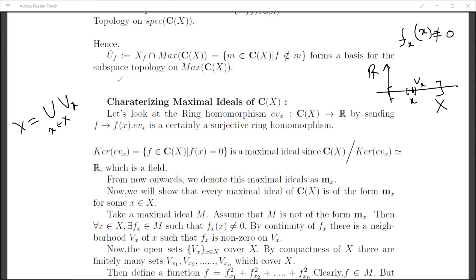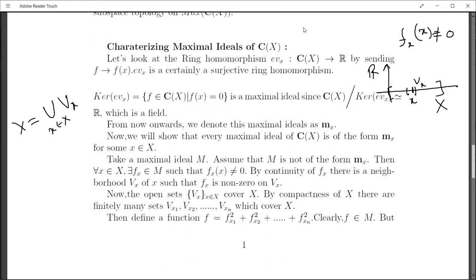So that will give me an open cover for this space X. So now use the fact that my space X is compact. So that will give me a finite collection of open sets V_x1, V_x2, up to V_xn, which will cover the whole space X.